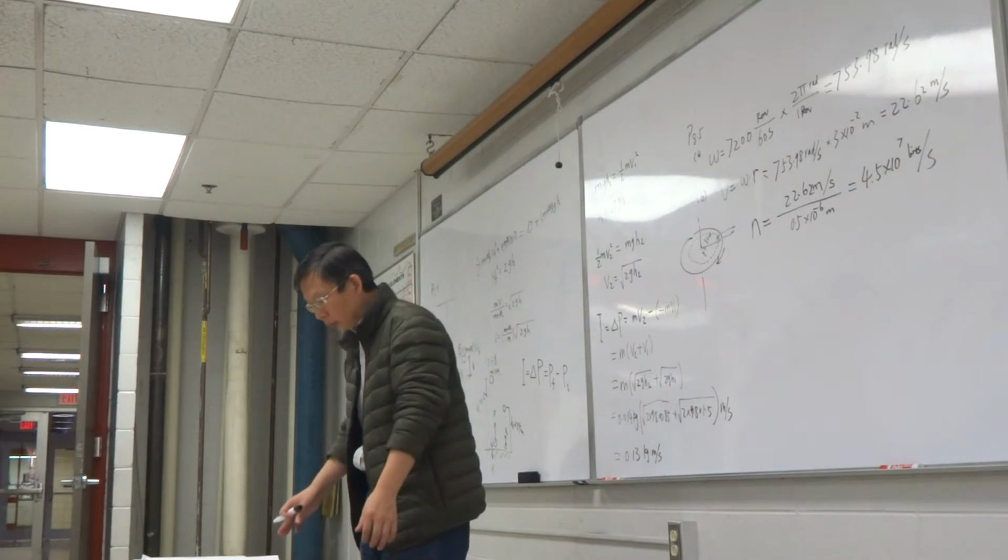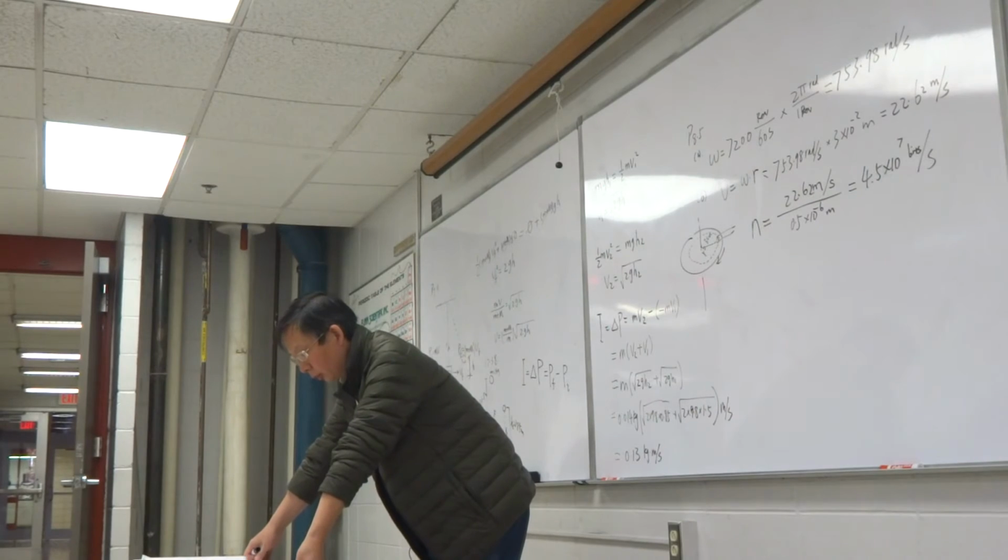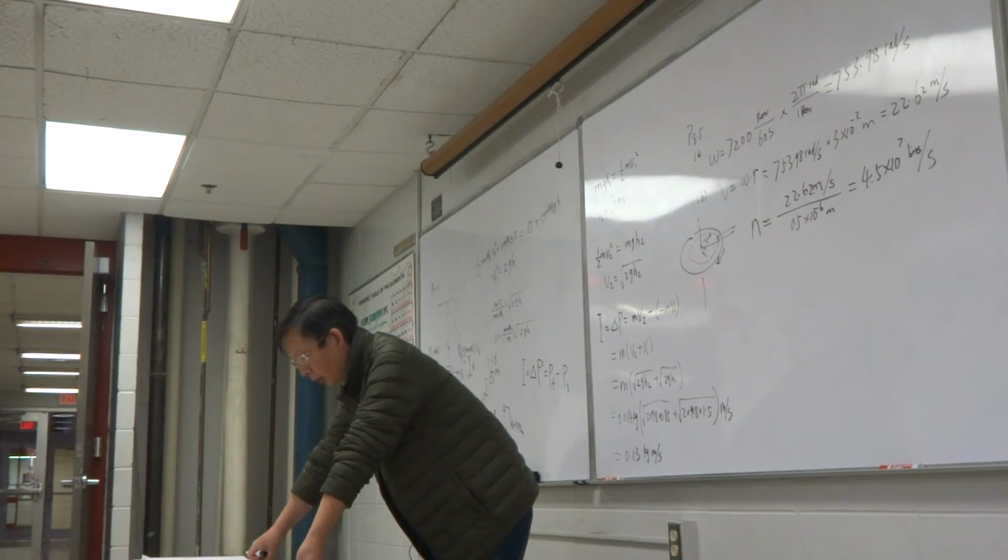The second problem, 14, talks about a 61 centimeter diameter wheel that accelerates uniformly, meaning the acceleration is constant, about its center from 120 RPM.